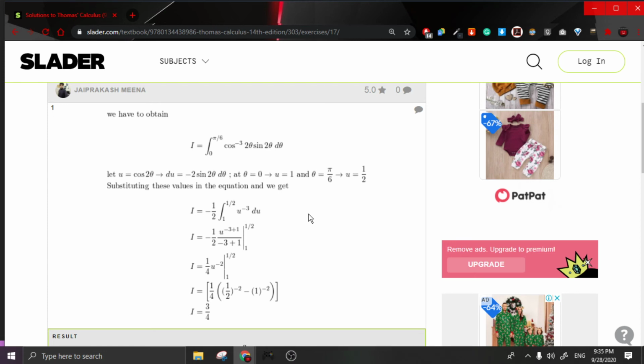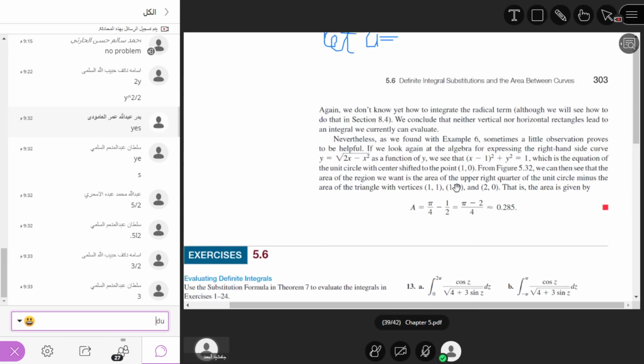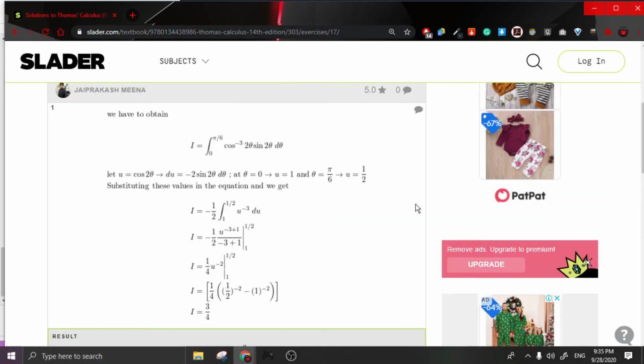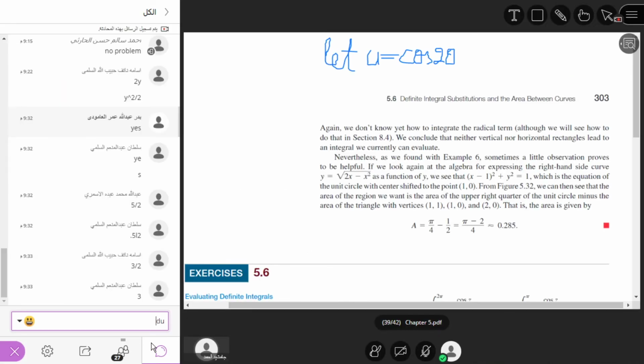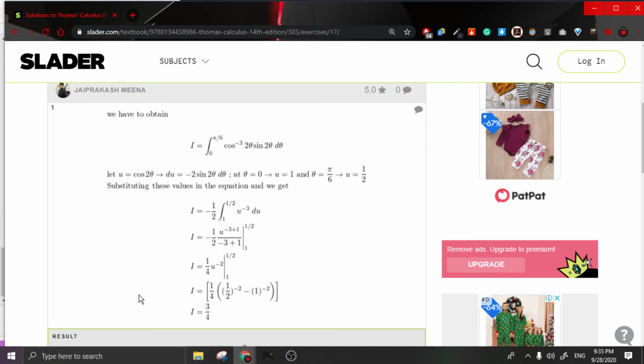How can we solve? First of all, we put u is equal to cosine 2 theta. Then if u is equal to cosine 2 theta, what will be its derivative?